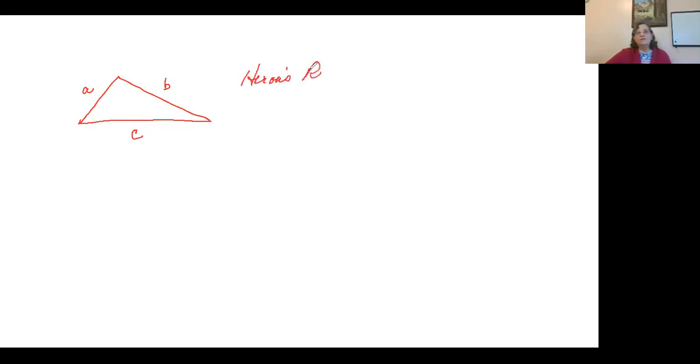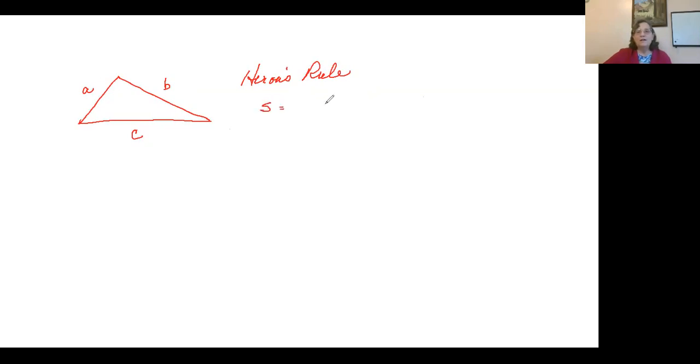We have Heron's rule, which will let us calculate the area of a triangle when we know the lengths of the three sides, but not the height. Now, using the height is actually much, much easier. Heron's rule is kind of long and involved, but it's not that bad.